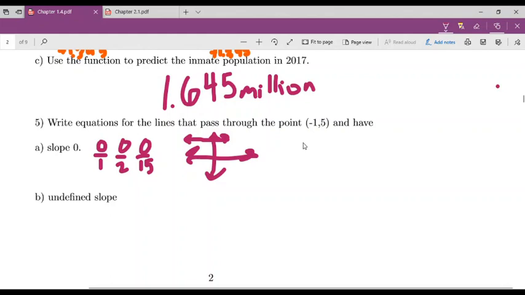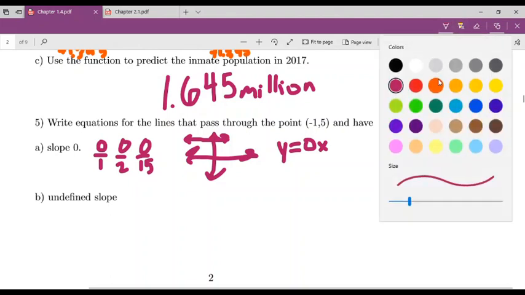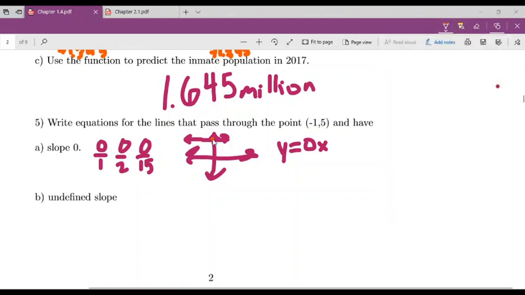Now, if you also want to think about it this way, if it has a slope of 0, y equals 0x, right? And then you've got to know where it hits on your y-axis. What's your y-intercept? Well, your y-intercept, if I change colors, is right here, which is actually 5.